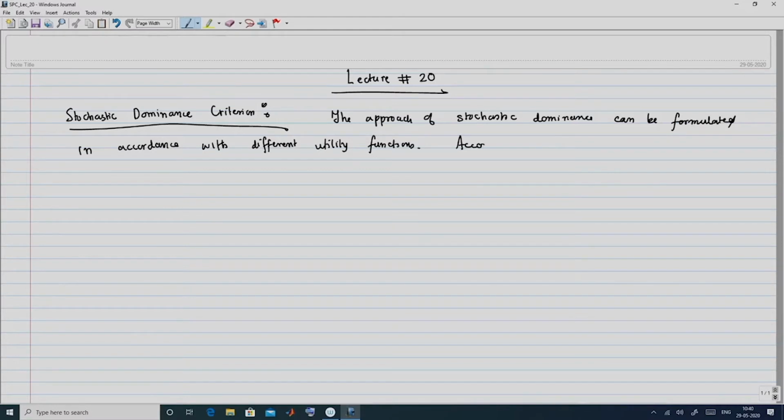And accordingly, what we do is that we consider first, second and third order stochastic dominance.